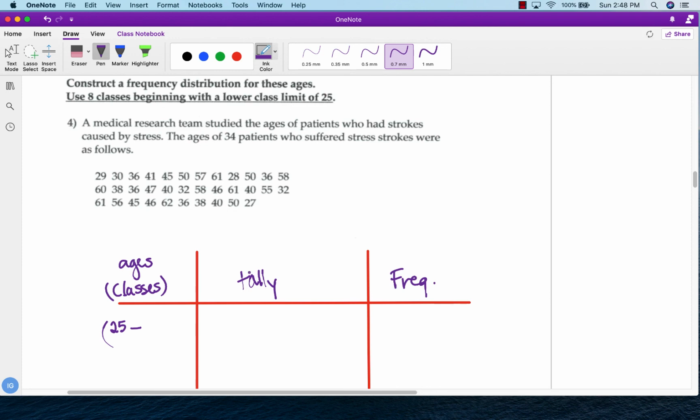So try to figure out what's the lowest and what's the highest. So I'm assuming, let's look at the numbers. Do we have a 25, or what's the highest number that you see? Do we know how big it has to be? So I see 61, 62.